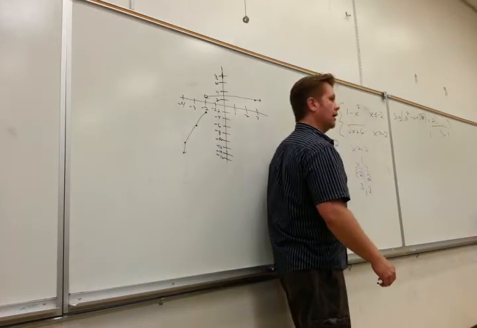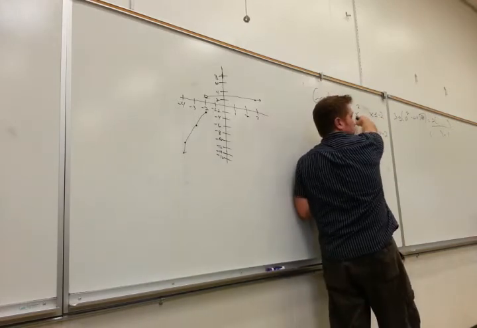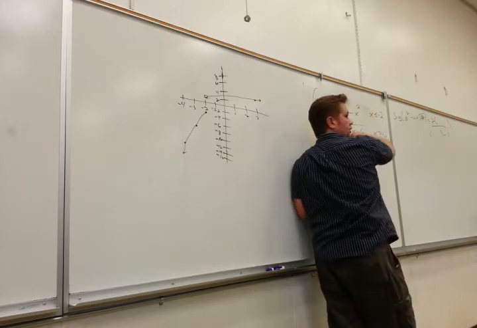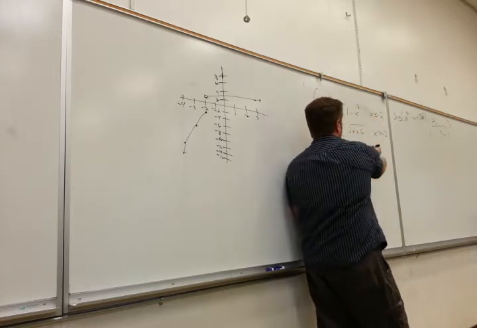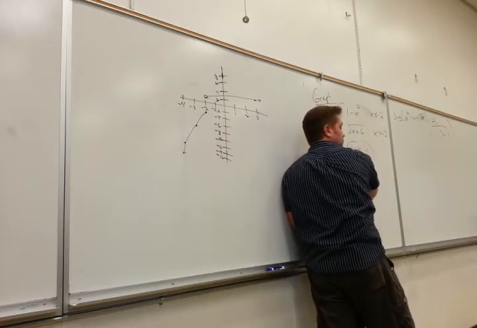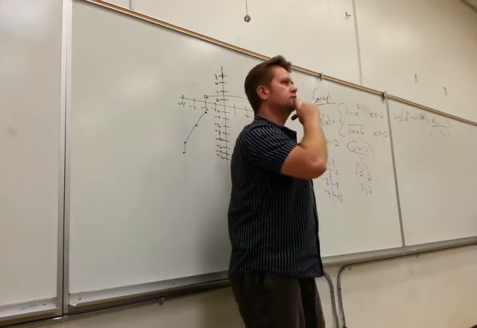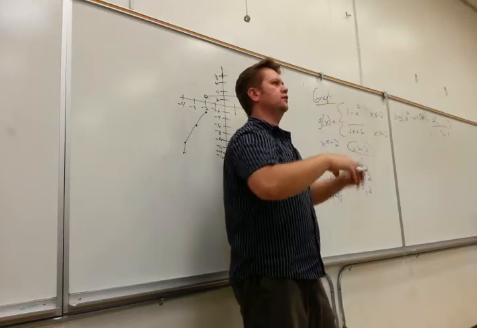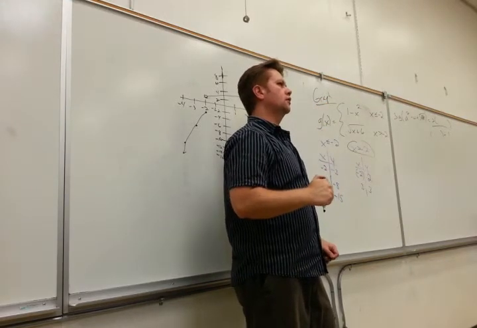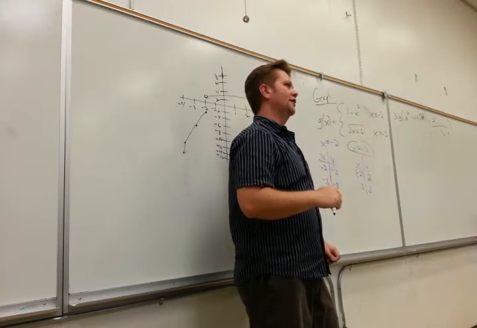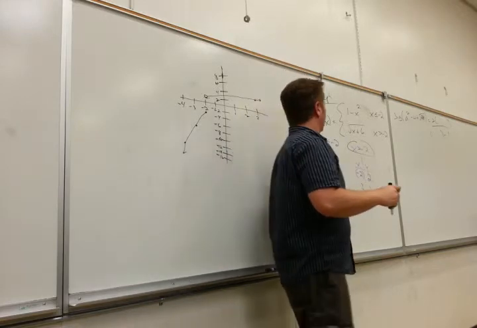All right, so that's how I made that. When you plug a negative 2 in here, 1 minus 4 is negative 3. So when my inputs are bigger than negative 2, I use this guy. That's why I make 2 separate tables of values. Okay, how do you know which equation to use? Yeah.